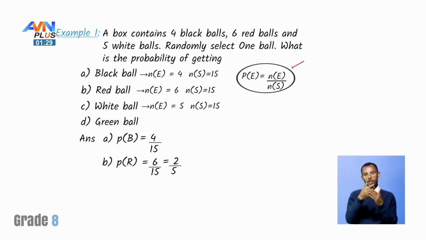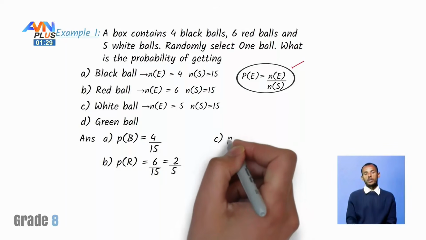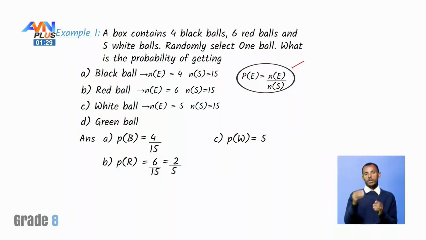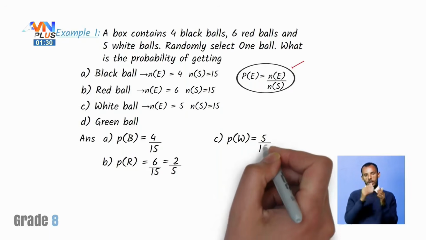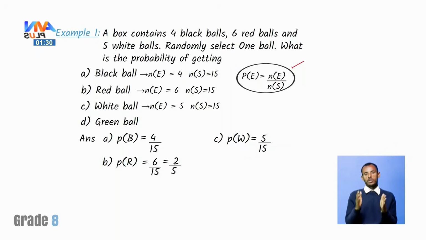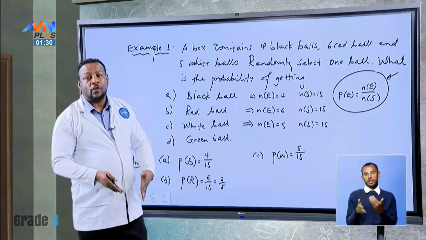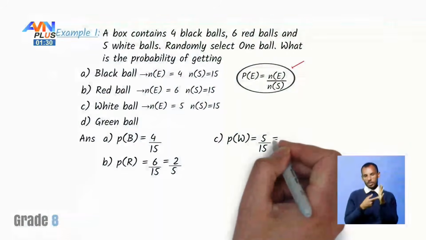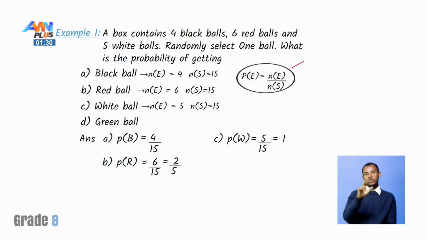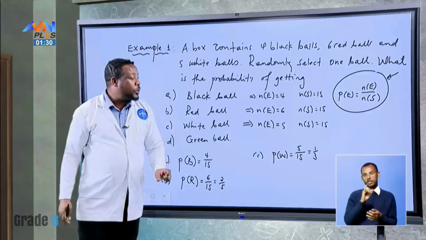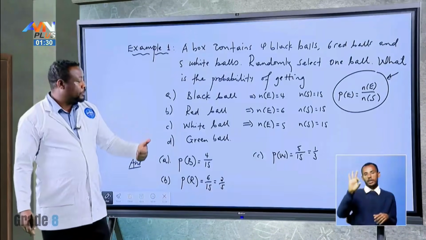So the answer for C is the probability of getting white ball, which is equal to the number of white balls over the total number of balls in the box, which is 15. So 5 over 15, or in the simplified form, 1 over 3. Okay, by 5 it's 1, by 5 it's 3. So this one or this one is the probability of getting white ball.